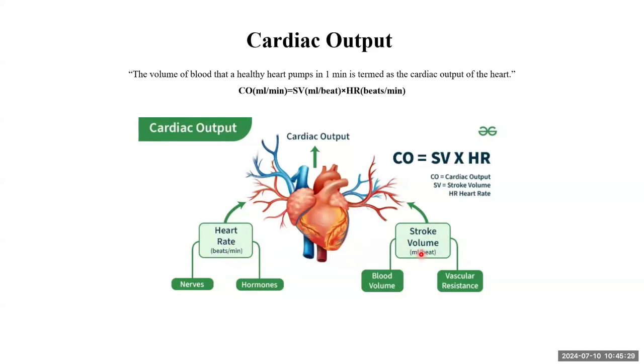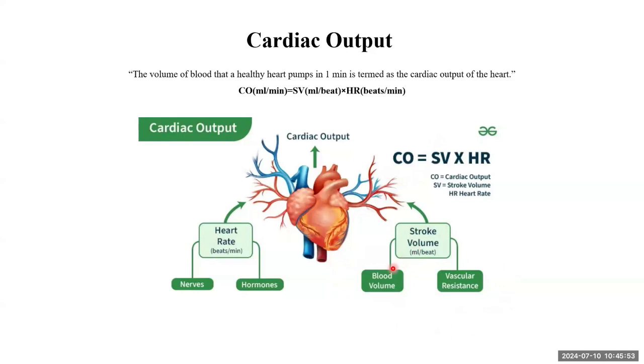Stroke volume is defined by the blood volume, the amount of circulating blood, as well as vascular resistance. So let me make it simple for you. If there is a lot of blood in the person's body, that is going to cause a good stroke volume. So we are calculating heart rate and stroke volume to calculate the cardiac output.